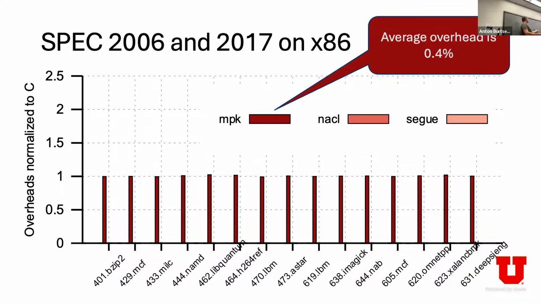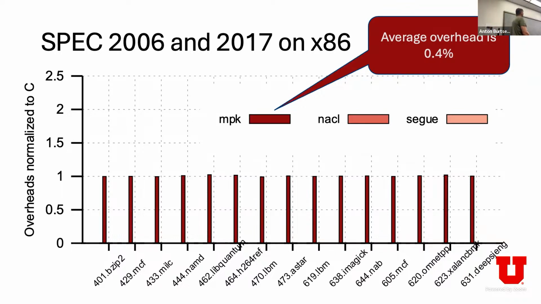People do it. The second was using hardware breakpoints, but ideally you would like to avoid that in hardware as well. MPK doesn't do that, so we do CFI, control flow enforcement, meaning that you cannot jump in the middle of an instruction. You only jump to where you're allowed to jump.